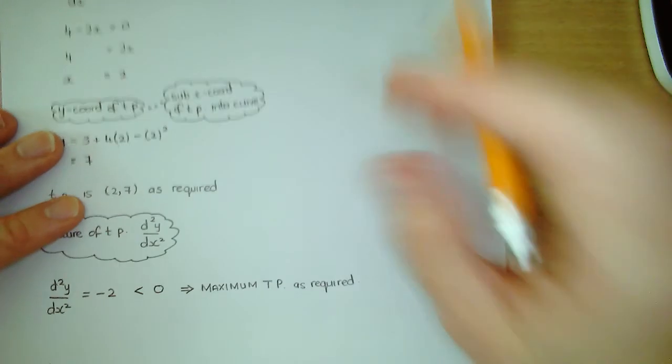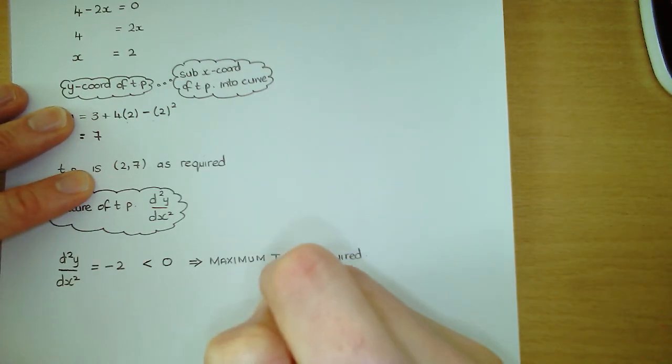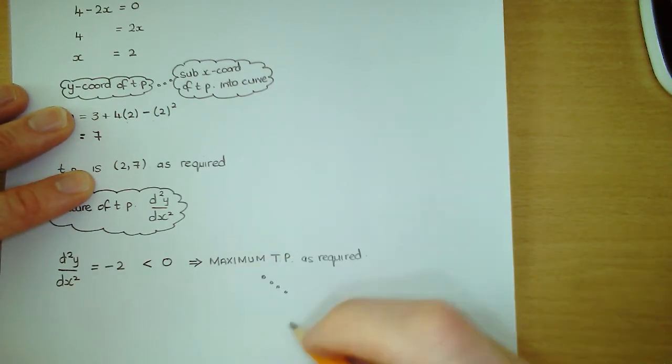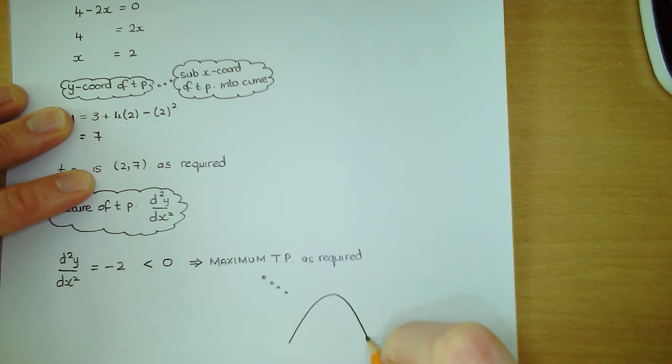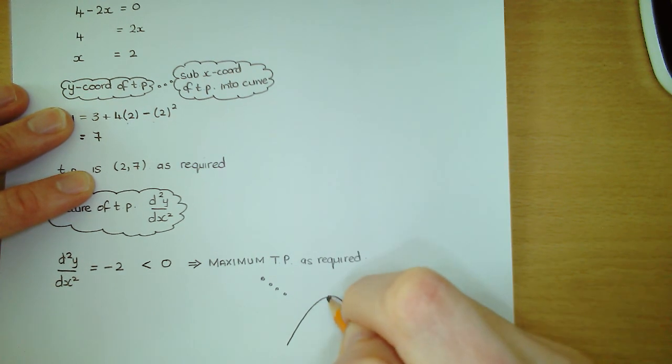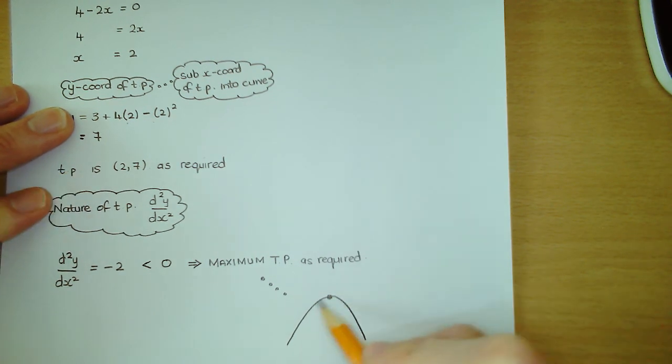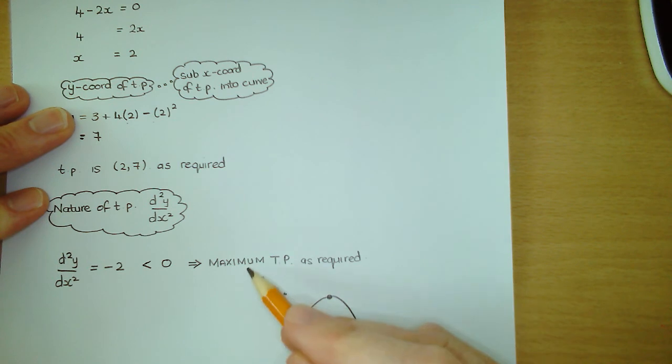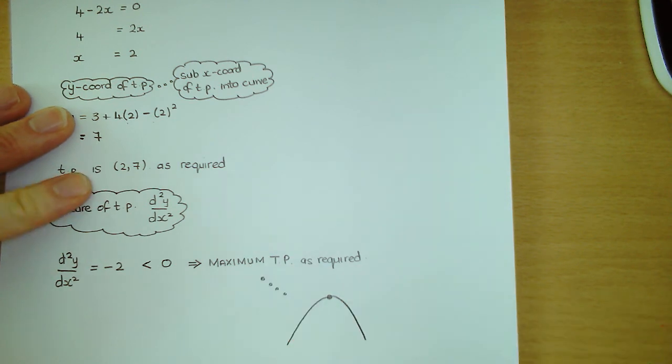So, you know, it should tally up with what's in your head here. What's in your head is, it's a quadratic, it's an unhappy shape, so it's going to be like that, and therefore at some point in the curve, y is going to have its maximum value. So that fits in with the maximum turning point.